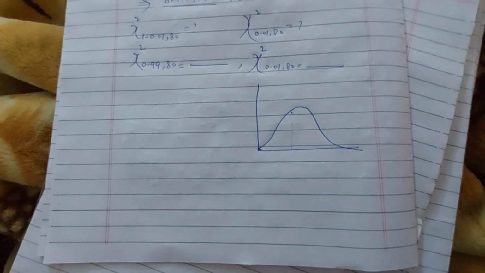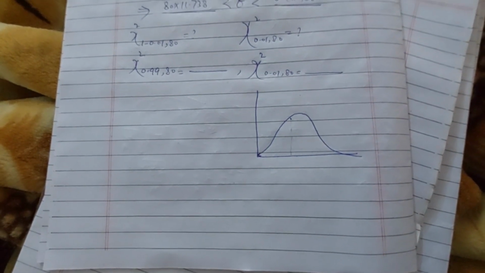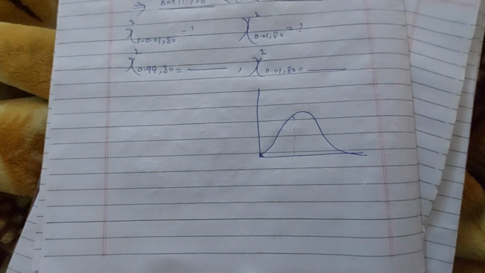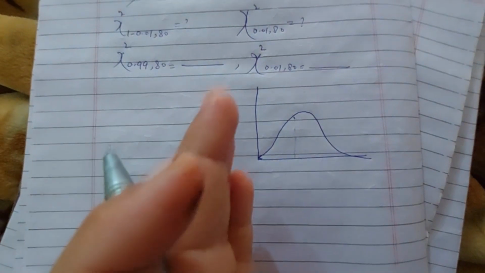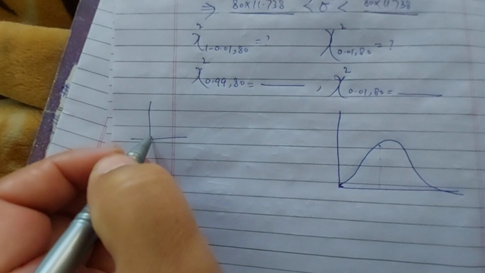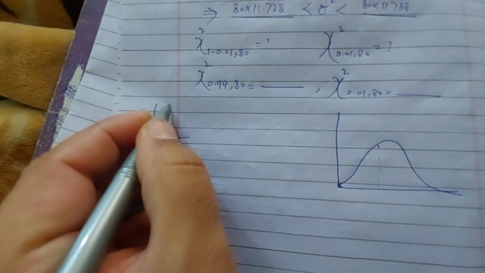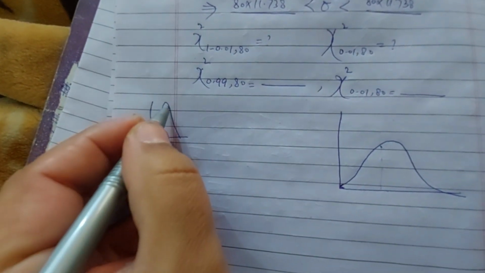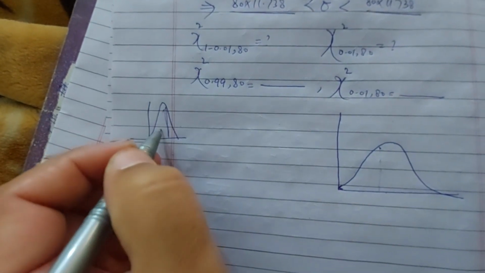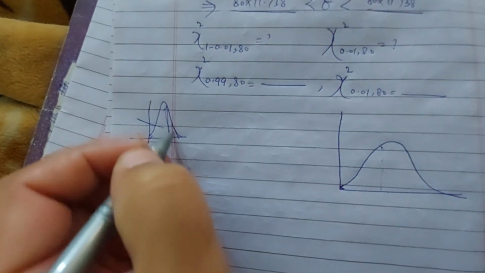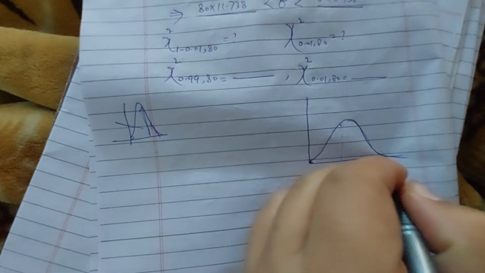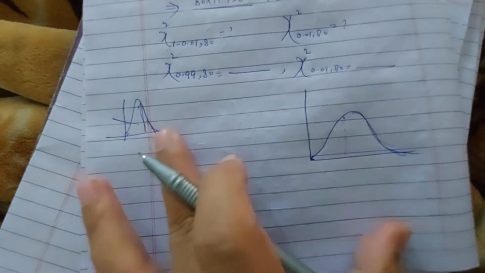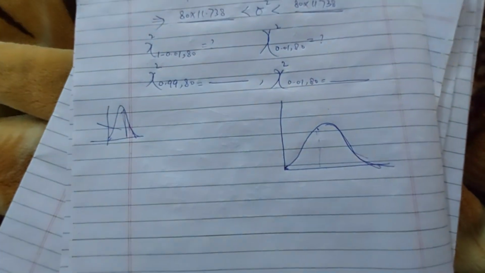This is one of the characteristics of the chi-square distribution, because it is positively skewed. If this region was greater, it would have been negatively skewed, like this one. Now this one is negatively skewed: this area is larger and this tail region is smaller. Here the tail region is larger and this region is smaller, so it is positively skewed. This is negatively skewed.